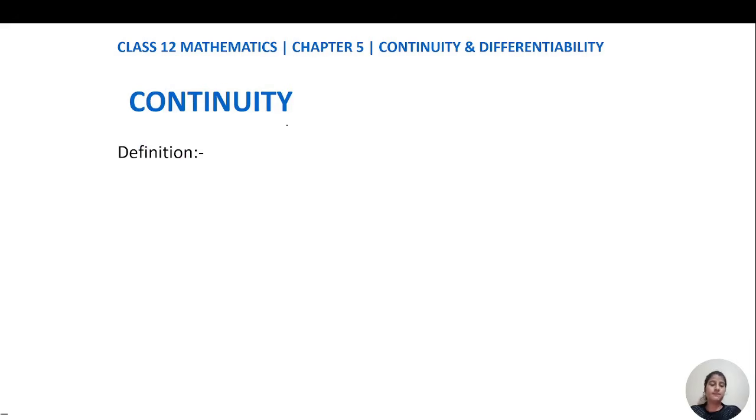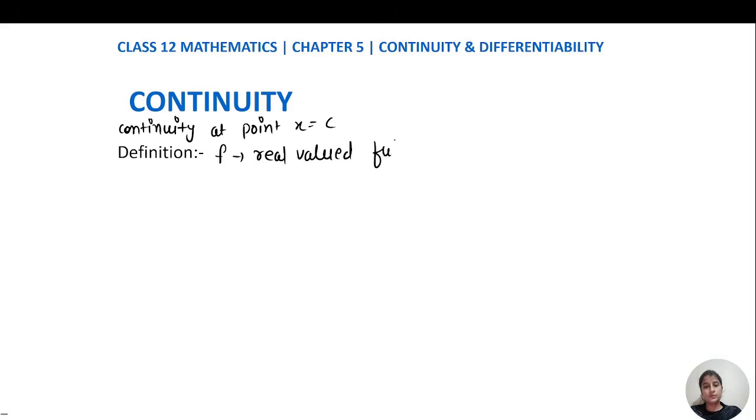First of all, continuity. Let's begin with continuity at a point x equals c. Let f be our real valued function, and let D be its domain.